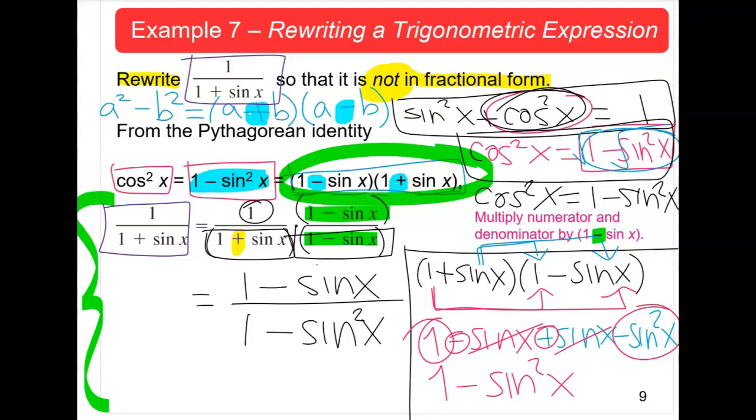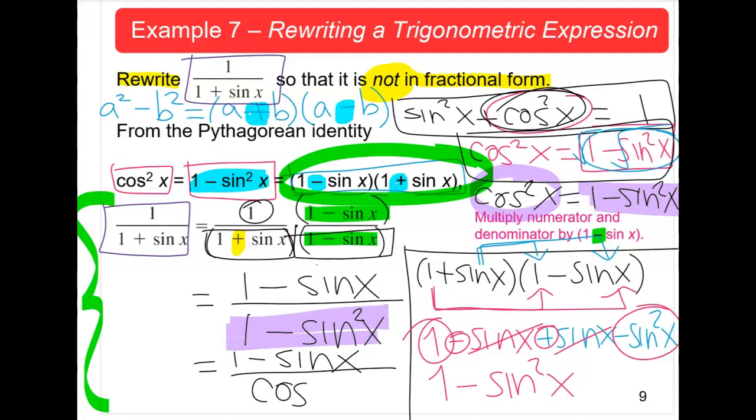So now what I'm going to do is replace 1 minus sine square x with cosine square x. Why? Because I am saying they're the same thing. So this will be 1 minus sine x over cosine square x. So remember, we replace this stuff in purple with the other stuff in purple because they are the same.